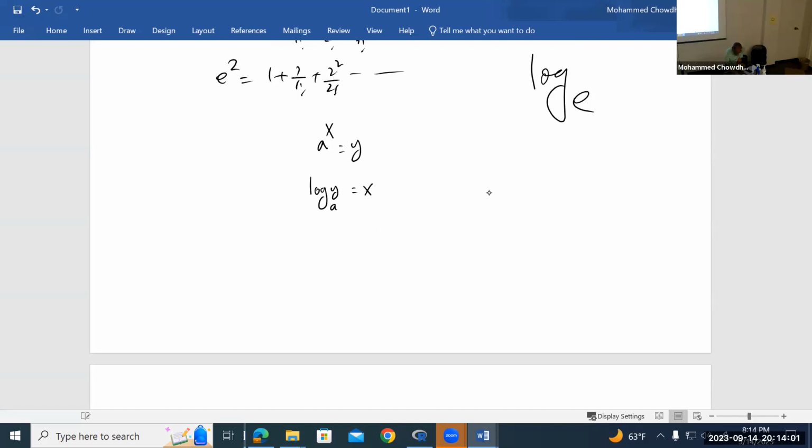A real-life example: 2 to the power 5 equals what? 32, right? So log base 2 of 32 equals 5.